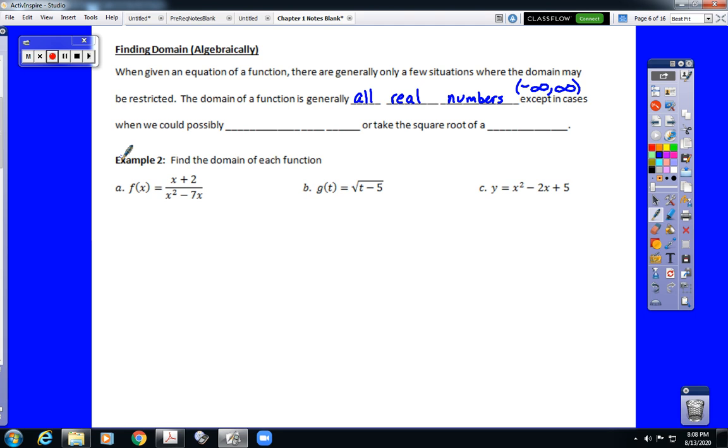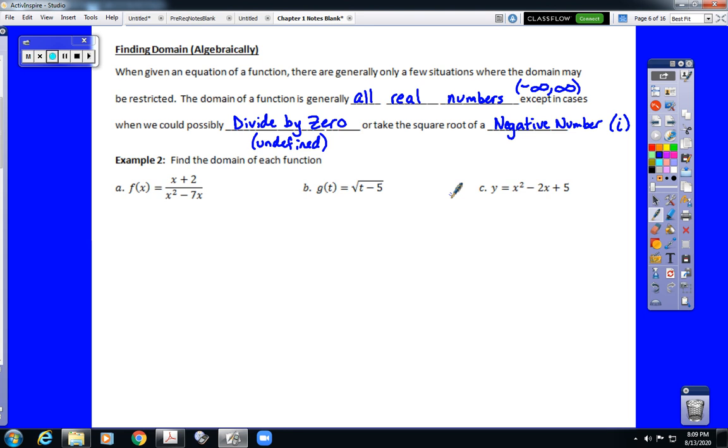Okay? We have to look for cases where we could divide by 0, because that's undefined. We don't know how to do that. Okay, we can't do it. We're not allowed to divide by 0, and we're also not allowed to take the square root of a negative number. Okay, because that would result in an i, and i is not something that we can quantify.